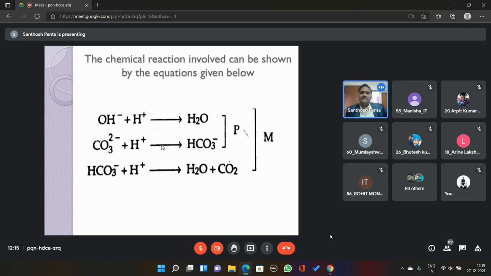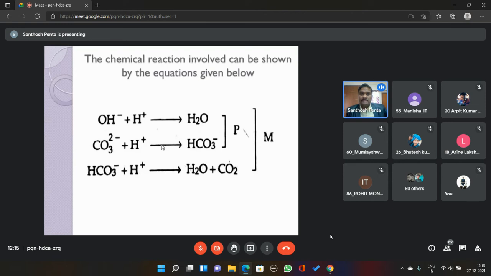Acid base indicators: what are the suitable acid base indicators? Phenolphthalein and methyl orange indicators. Similarly, for the determination of hardness, EBT indicator is required. For the determination of alkalinity, both phenolphthalein and methyl orange indicators are required. You cannot determine the alkalinity with either phenolphthalein or methyl orange alone. You require both indicators in order to calculate the total alkalinity.